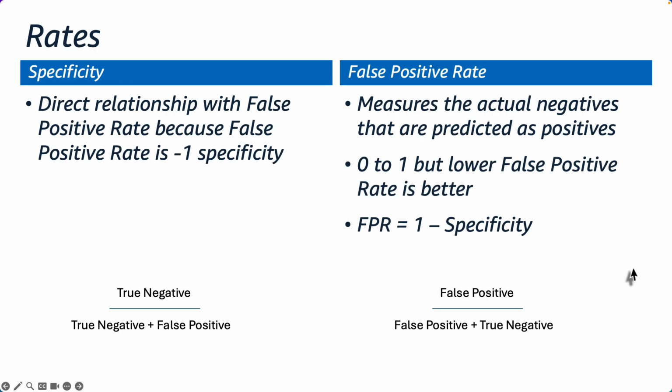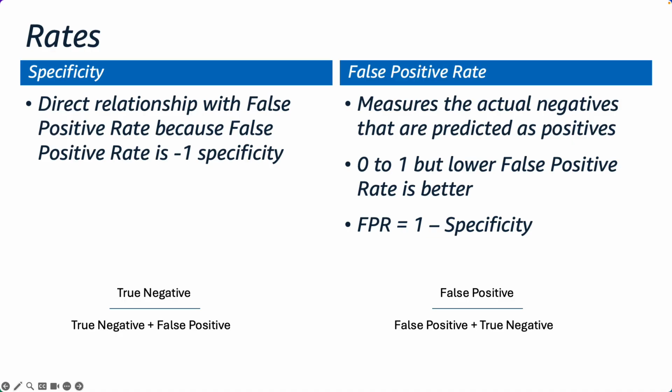So let's talk about specificity and the false positive rate, which are different ways to look at the same thing. These are not used as frequently as precision and recall, but I did want to include them because I like to include everything that you possibly might need. But let's start with specificity, which is equal to the true negatives divided by the true negatives plus the false negatives.